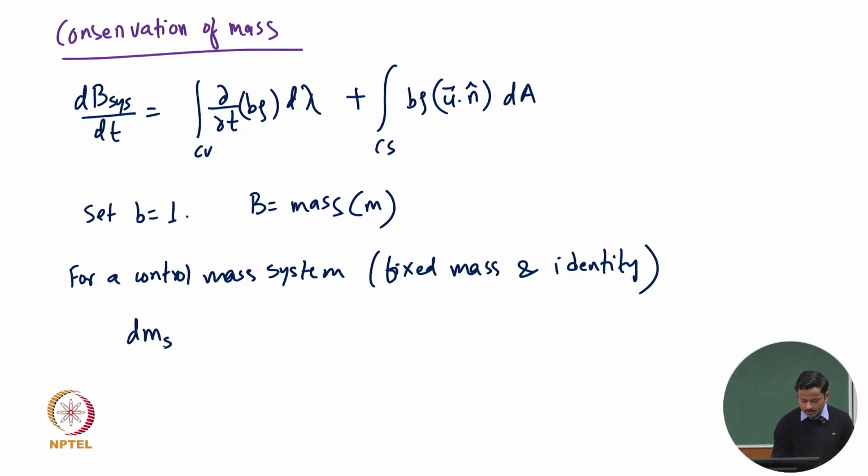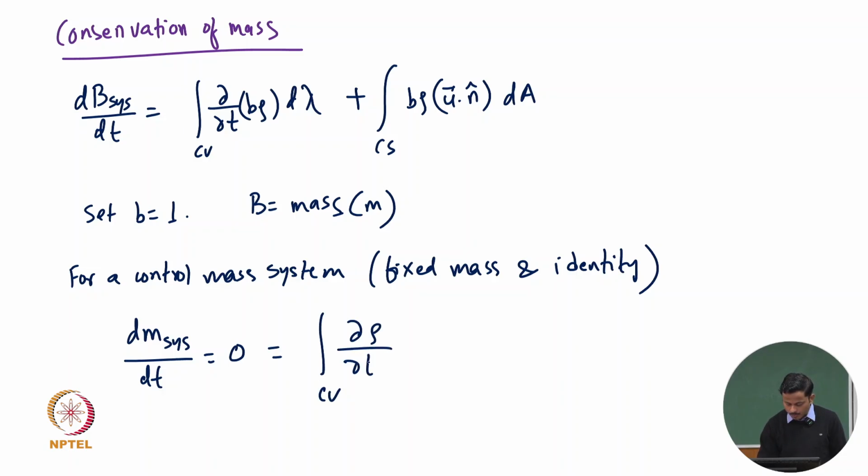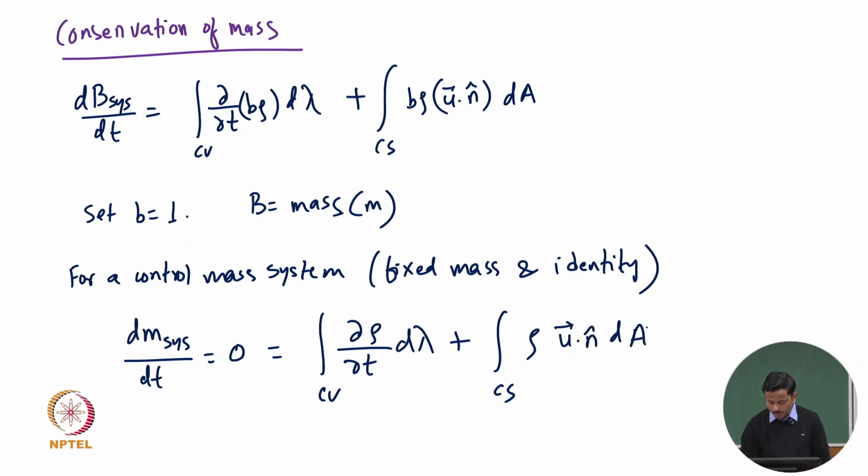Hence dm system by dt is equal to 0, and this is equal to the integral over the control volume of the partial derivative of rho, del rho by del t, d lambda, and then the integral over the control surface of rho u dot n cap dA.